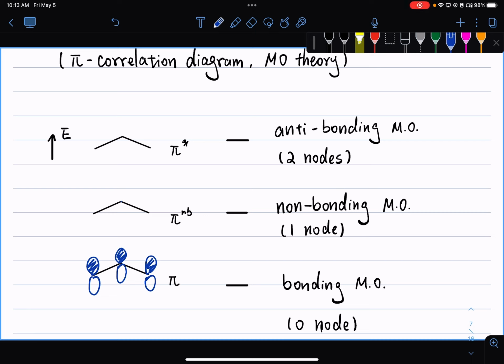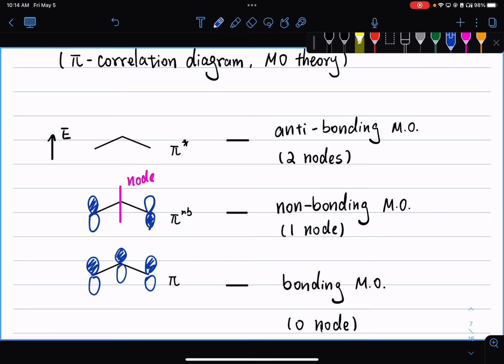Now, instead of having 0 nodes, we have 1 node, and that node divides my molecule into 2 different parts. That node will exist right in the middle of the molecule, so that is our node plane. And then we add our atomic orbitals in. Whenever you meet a node plane, you switch the shading of that atomic orbital, and you end up with what we call a non-bonding MO, or something in the middle.